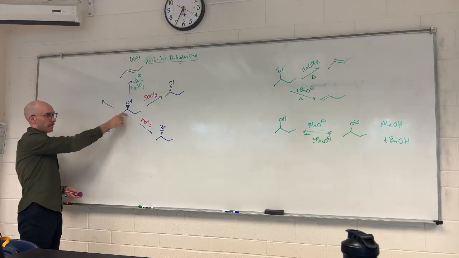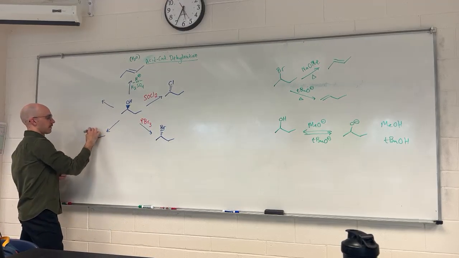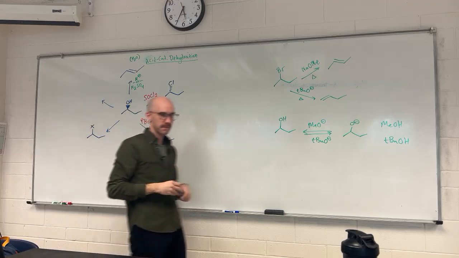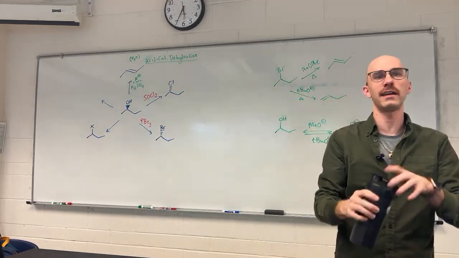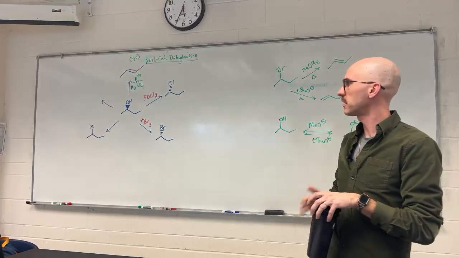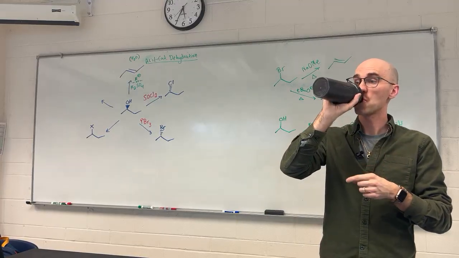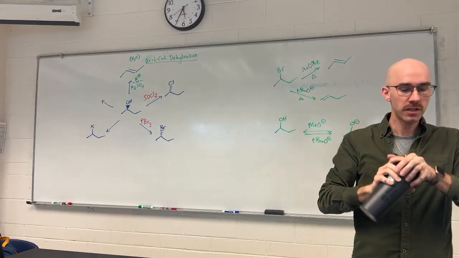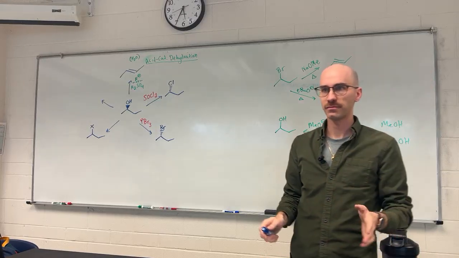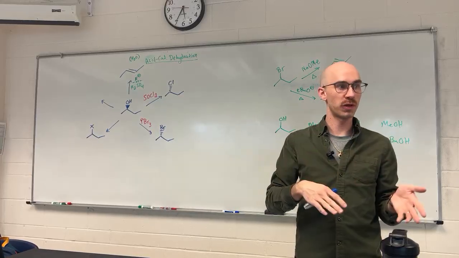Okay, to the bottom left, show the alcohol being converted into a generic halide. And talk to me about the stereochemistry. Just like with SN1, this is not inversion or retention.